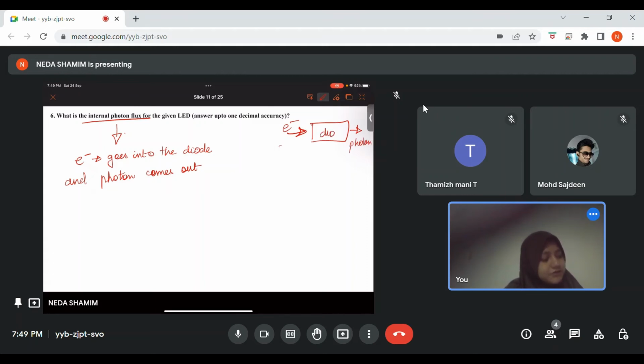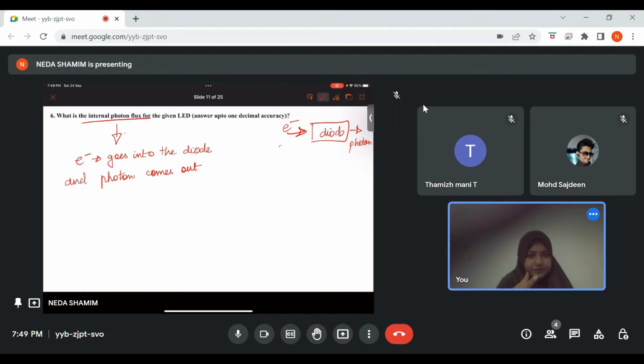This is my diode, say. So electron goes in, photon is coming out, so electrical energy is getting converted to optical energy. But how much fraction of this electron is getting converted to a photon? How many photons are generated per what? Per electron, sir.